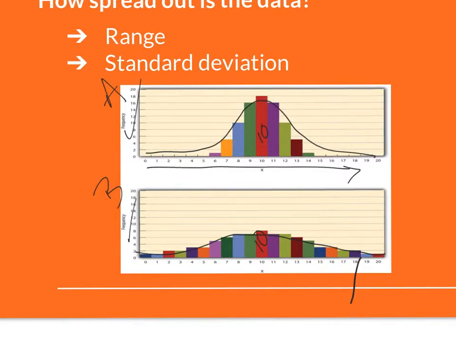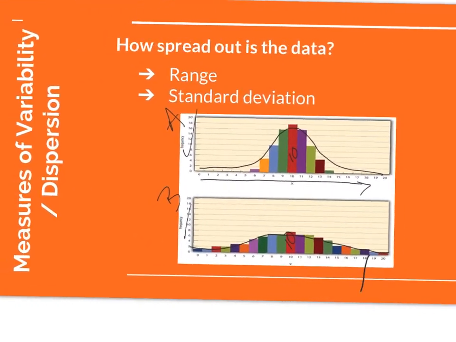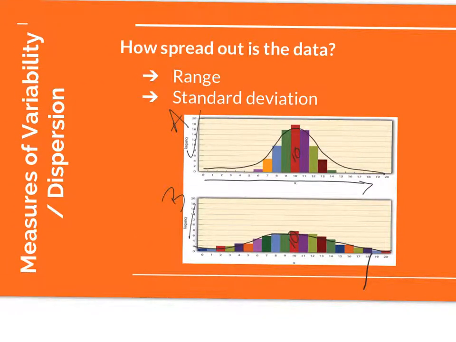In section A, the data is clustered towards the middle, and in the second section the data was more spread out, which is why measures of variability or dispersion come in as very useful. Because they provide us with more detailed information as to how this sample is behaving or reporting a particular event or whatever is being studied.